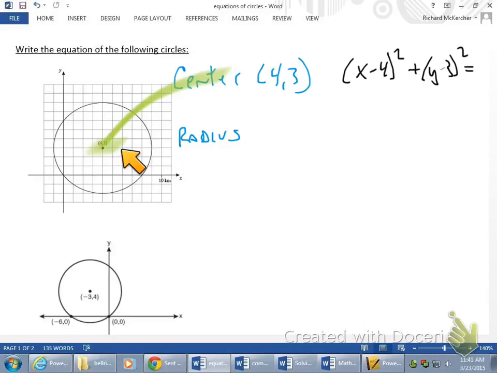The radius, I have to look at this. How am I going to figure out the radius? Well, I'm going to count. If I count out there, it's 5. I can count down, left, over. Anyway, the radius is 5 if I count horizontally or vertically. So that means it's 5. So r squared over here is 25.